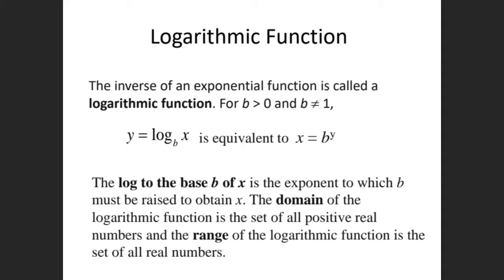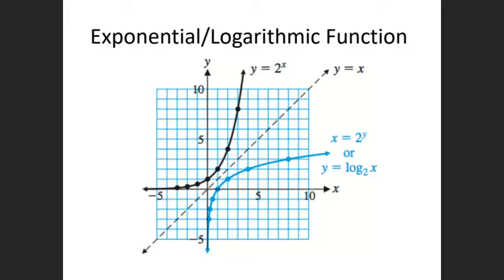And that was the domain of my exponential function. So they're, again, they're opposites of each other, or inverses. So if we look at the graphs back to back, okay, again, the exponential function has a y-intercept and a horizontal asymptote. The logarithmic function has an x-intercept and a vertical asymptote. This one has a vertical asymptote at x equals 0, okay?